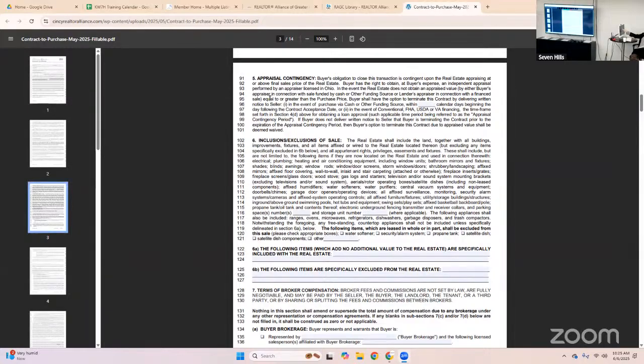If buyer does not deliver within notice to seller, then they can terminate the contract. But basically what that's saying is in 4D above, for financing a loan approval, such applicable time period being referred to as the appraisal contingency period.